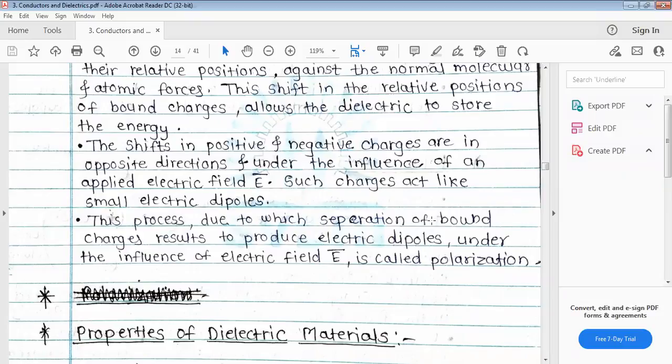This process, due to which separation of bound charges results in electric dipoles, म्हणजे जेव्हा आपण इलेक्ट्रिक फील्ड अप्लाय केल्यानंतर ते चार्जेस, बाउंड चार्जेस जे आहेत ते सेपरेट होतात and they are forming an electric dipole. So under the influence of the electric field, that is nothing but the polarization.